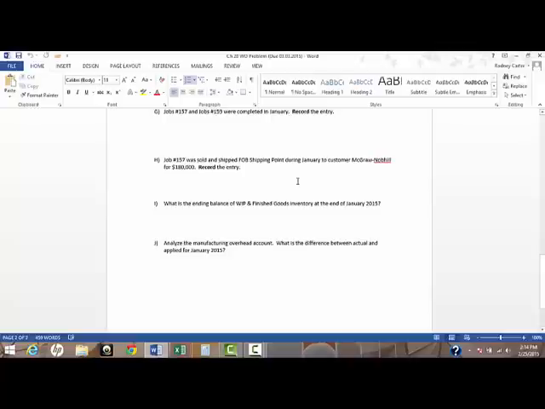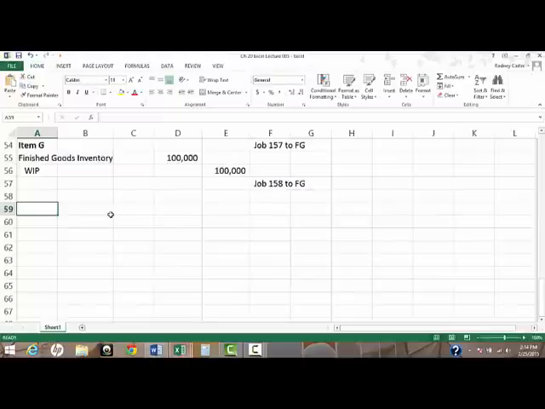We're going to assume, for the purposes of this problem, that they were sold on account. That means we didn't receive cash. We need to record accounts receivable. So, for item H, we have a 4-line entry that we need to record.